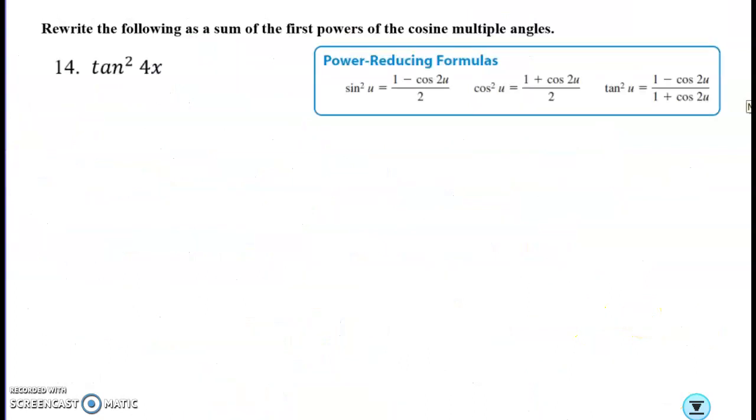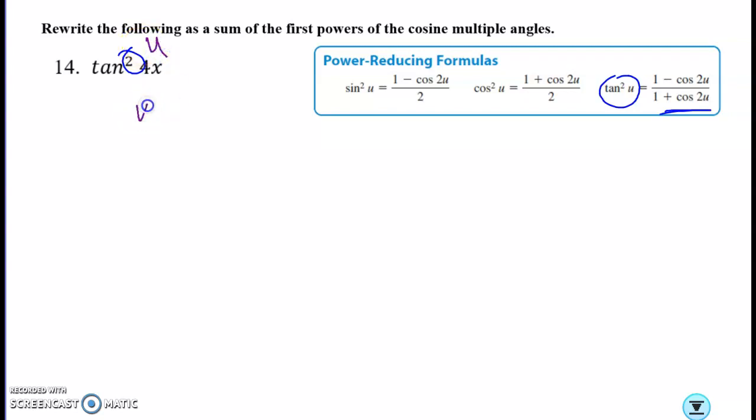All right, I'm going to do 14, power reducing formula. With this power reducing formula, the idea is they want you to write it so you don't have any powers higher than a power of 1, first degree. This has a power of 2 in it. So the tangent squared of u is basically this formula. There's really not anything to do here. The only thing is that you have to be worried about what u is.